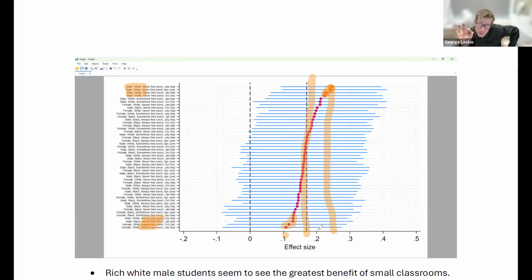But when it comes to looking at the individual precision of a treatment effect for any given intersection, we've got very wide confidence intervals. There's not that much data per intersection. I'm cutting it 48 ways. I've got school effects, clustering, and classroom effects, which reduce the information in the data.